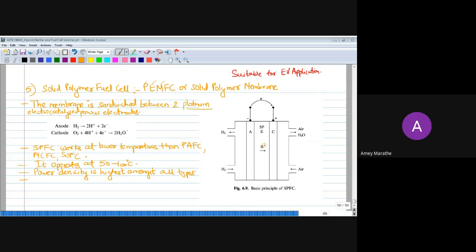When the power density is high, the size of the fuel cell can be small. So since power density is high, the size can be small. The second is low temperature operation.